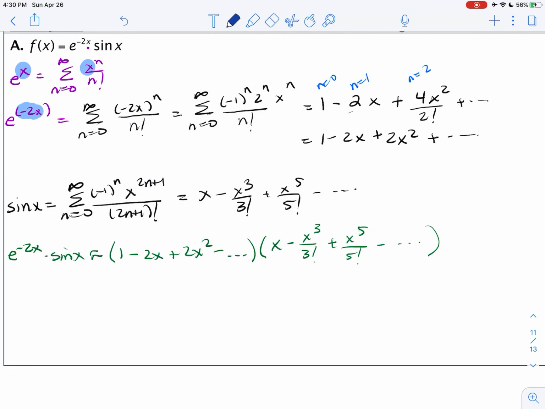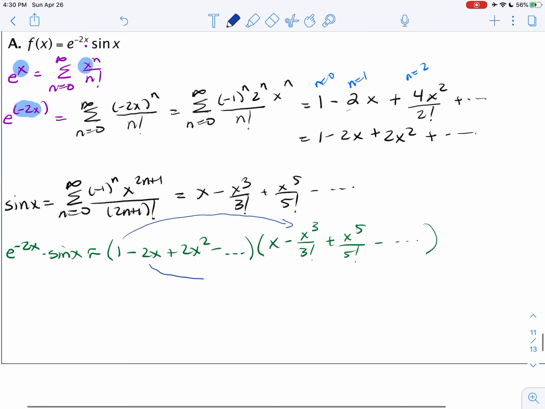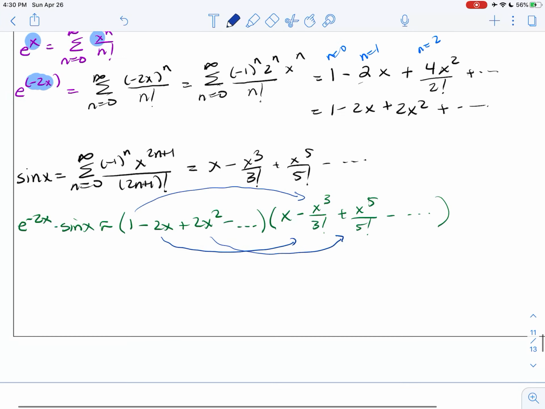And again, just like in the example that we just did, we're going to want to expand. So we're going to go 1 times this entire infinite polynomial, times minus 2x times this, and then times 2x squared.